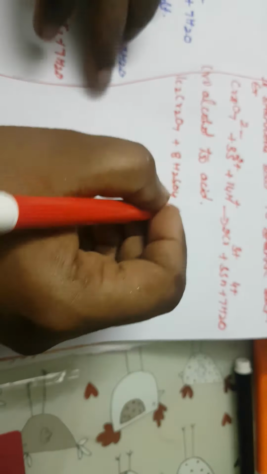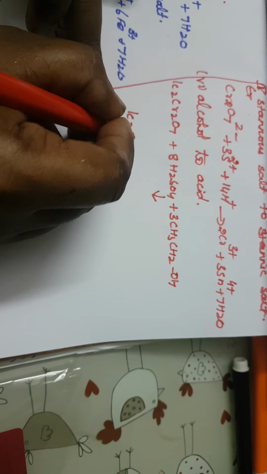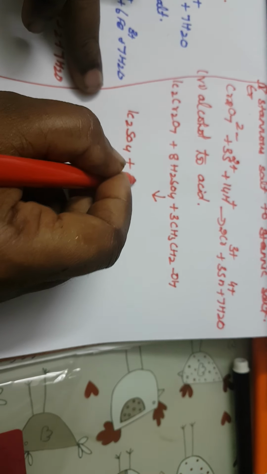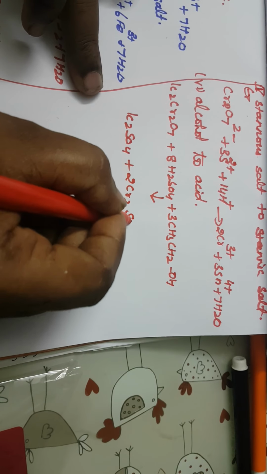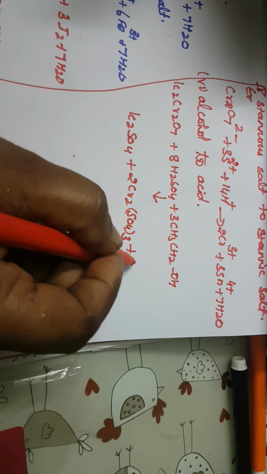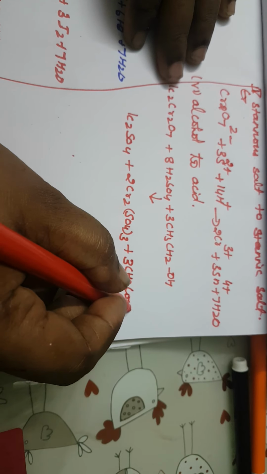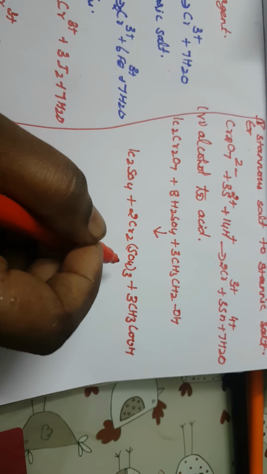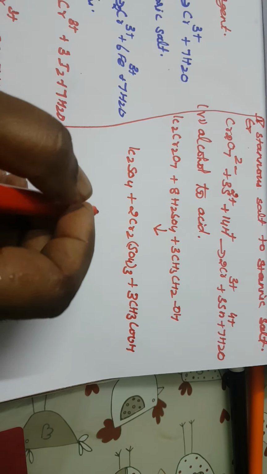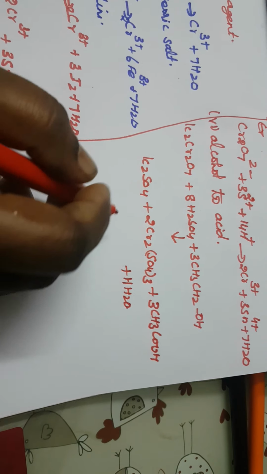That is CH3CH2OH. Okay. Then it is converted into potassium sulfate plus Cr2(SO4)3 plus acetic acid, 3 molecules of acetic acid CH3COOH, then 11 molecules of H2O. This is only a different equation.